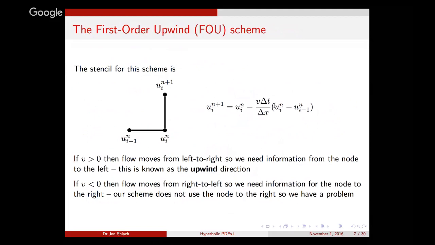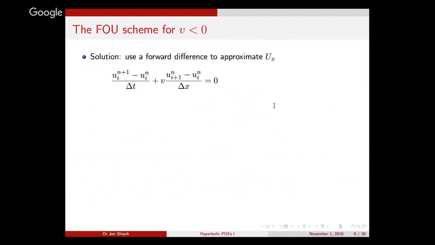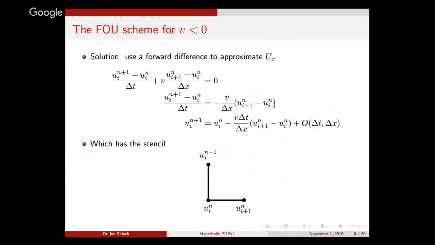Okay, so what do we do? Well, instead, we use a forward difference for the spatial derivative. So we use a forward difference for time, which is the same as what we had before, but this time I'm going to use a forward difference for space. Still first order, we haven't improved any accuracy. Okay, so if I use a forward difference, we have this scheme.